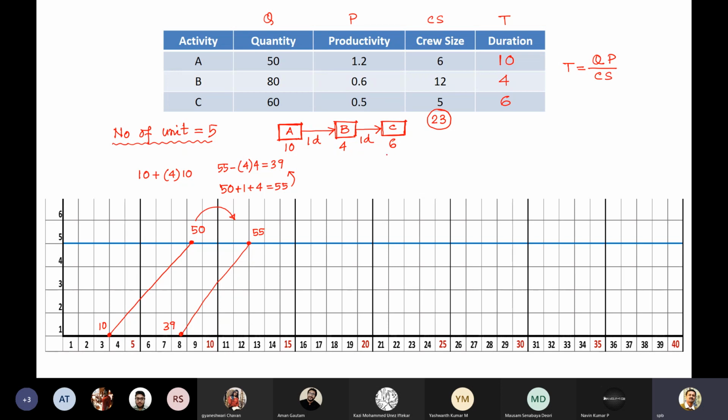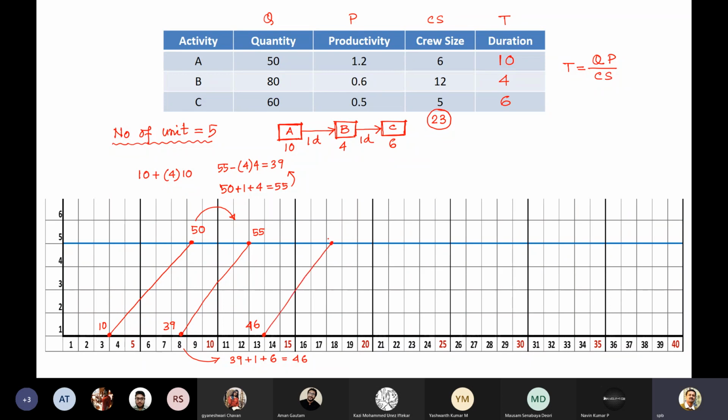So the next activity is higher, so you can go from here. No crossover will be there. So it will be 39 plus 1 day of buffer plus 6 days of work. So 39 plus 1 plus 6 is 46. So something here it is 46, and it will go to some point.